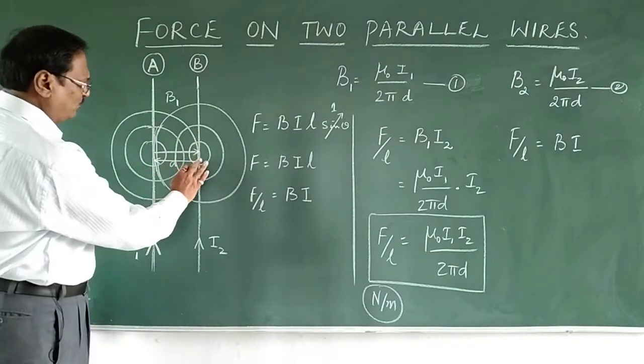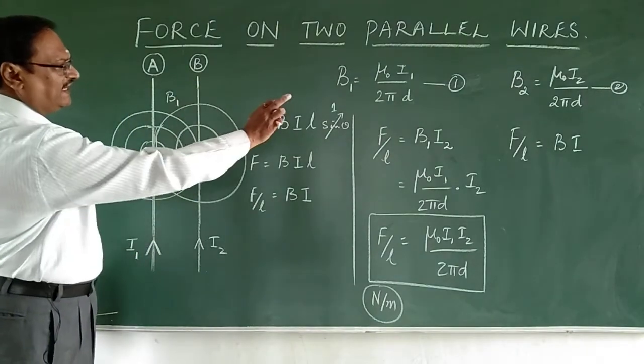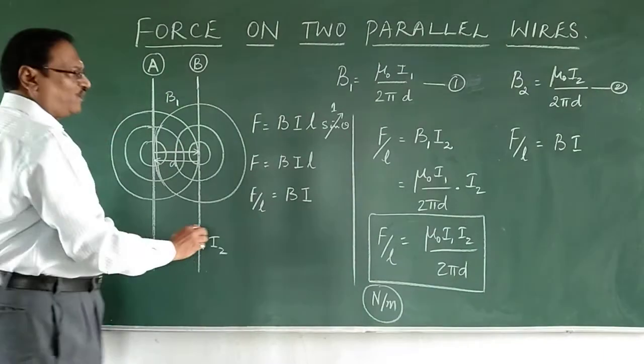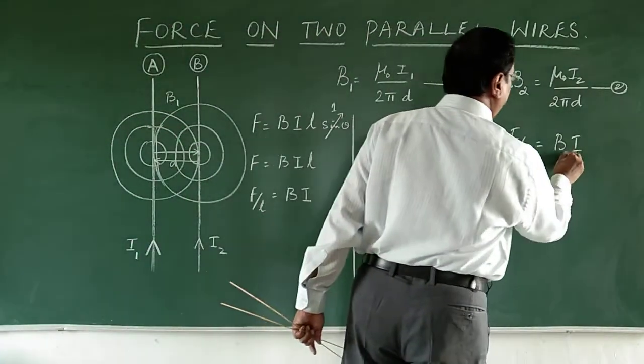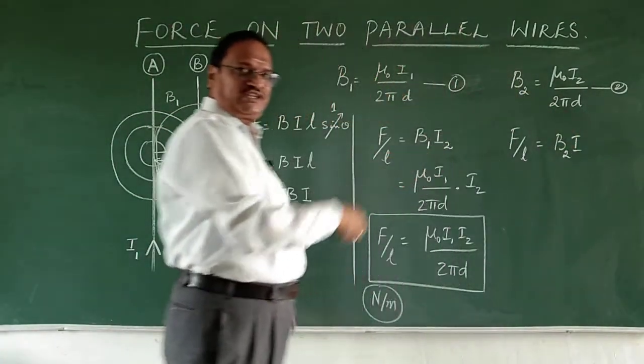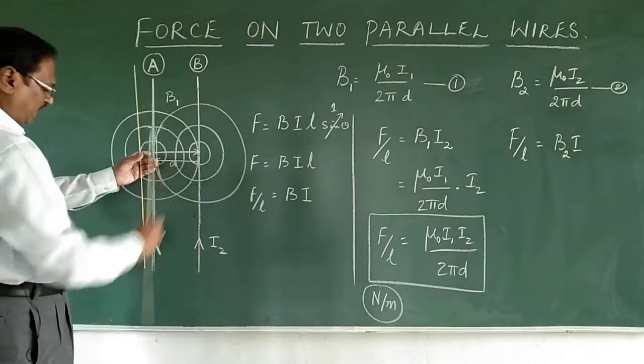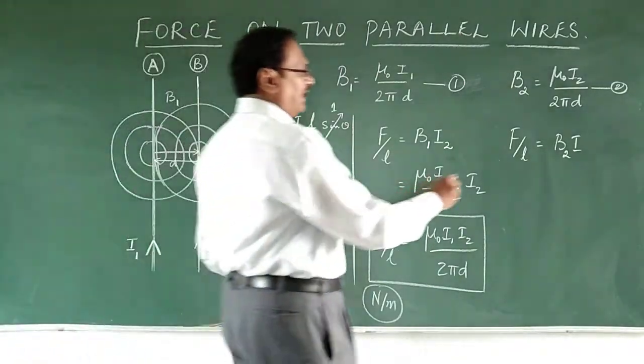Now keep this carefully here, the magnetic field is due to the second wire. So I will put here B2, and it is influencing the first wire, the current in the first wire, that is I1.